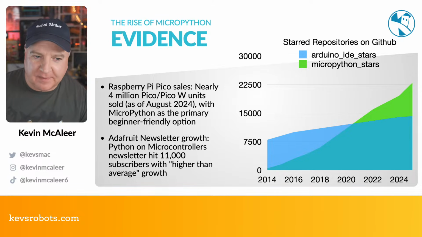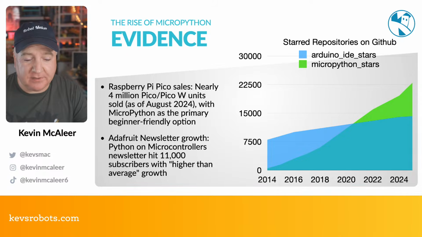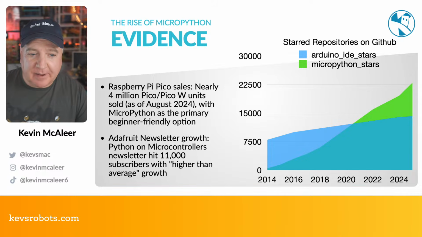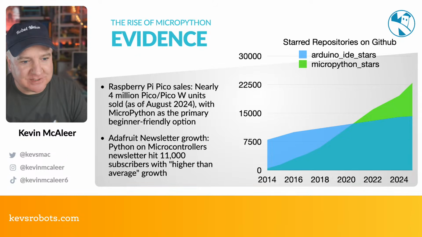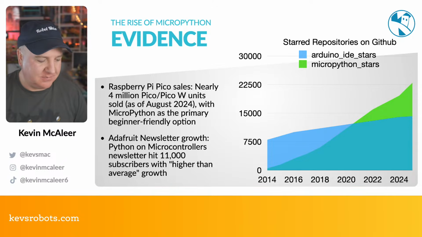Why are people moving from that to Python and MicroPython? So Raspberry Pi Pico sales, we had 4 million of these sold since they were originally created. Those figures were as of 2024, so I'm sure there's a lot more of those sold now. Of course, there's a lot more Arduino sold worldwide, and they can use C, or they can use MicroPython depending on the type of processor that they use.